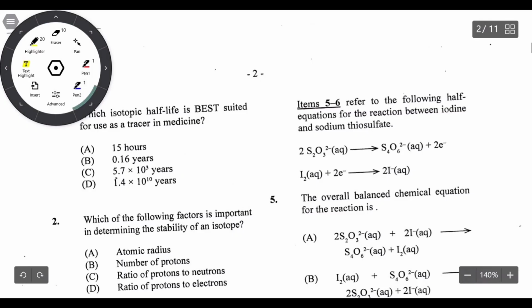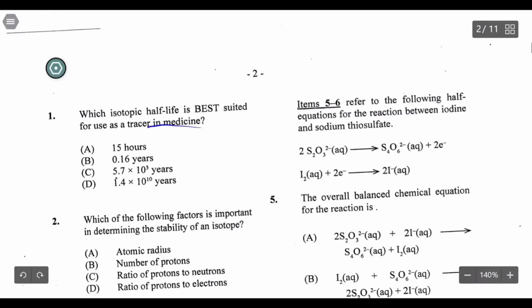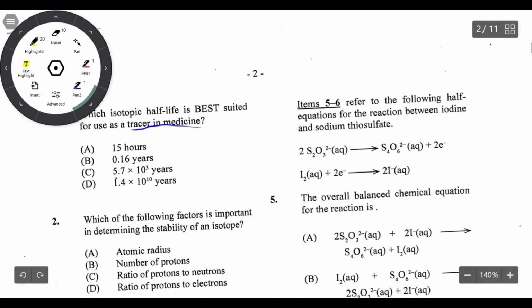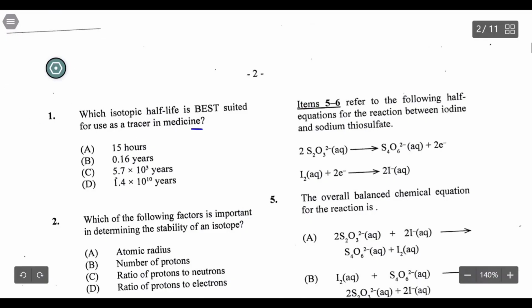So for tracers in medicine, you want something that will last a couple hours, but you don't want to choose something that will only last for a couple minutes, because you need the thing to run through the body and actually get to the point where you need to see.